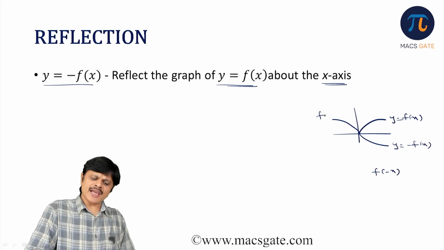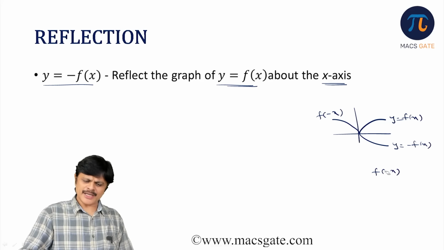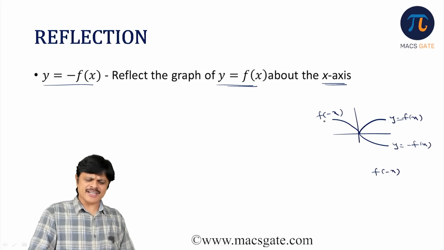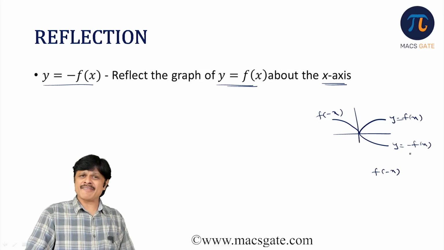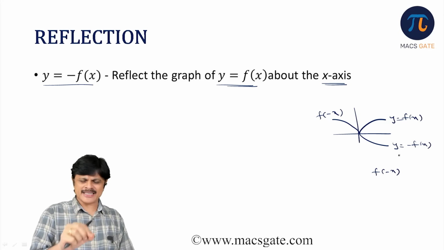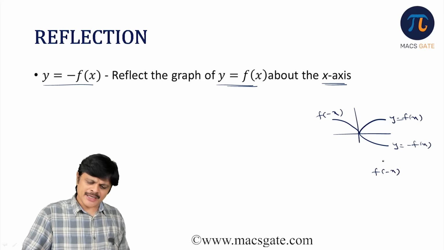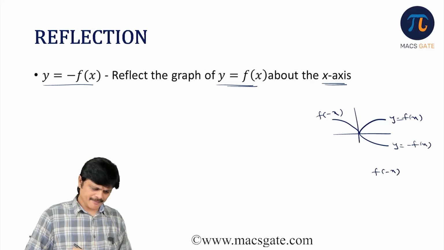This would be f of minus x. That is reflection about the y-axis. Okay, so this is about reflection, sir. Very simple one. So minus fx means reflection about the x-axis. F of minus x, that is, argument multiplied with a minus sign, then it is reflection about the y-axis. Okay, so let us try to understand with examples.